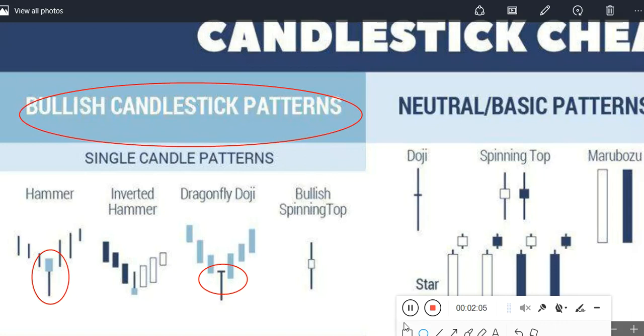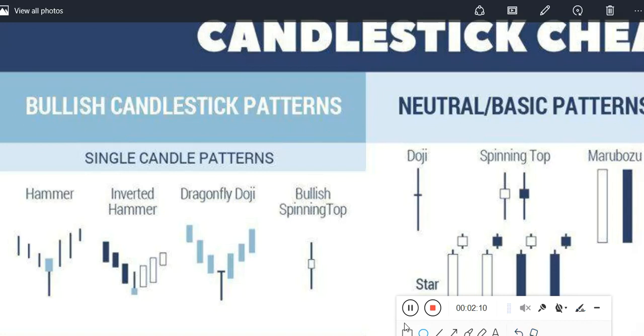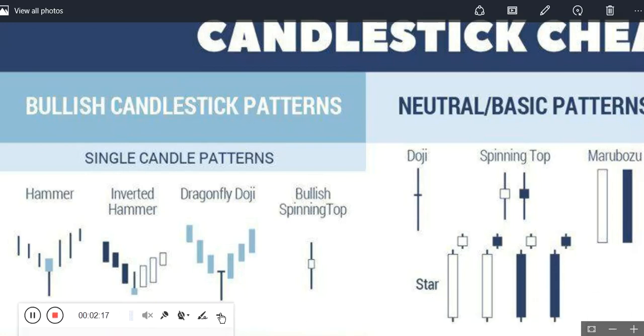Now we'll see what we have to look for in a bearish candle pattern.